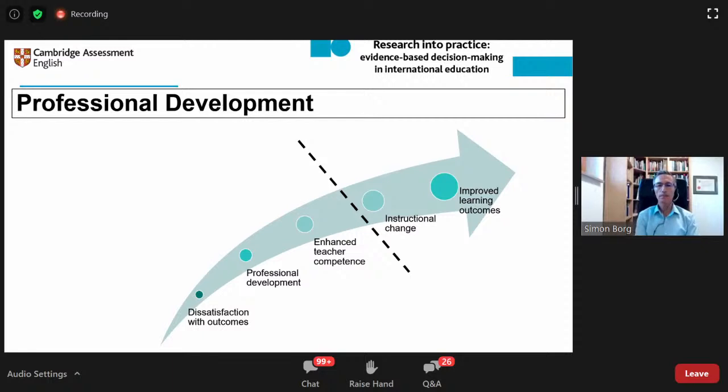However, evidence of those new skills and competences being carried forward into the classroom is very often limited, with the consequence that the desired improvements in learning outcomes don't materialize either. And so a lot of the work I've done is investigating why this happens, and as I said, some of the insights I'll share today will help us understand some of the factors which lead to these kinds of barriers, and some strategies we can use in designing professional development initiatives to overcome them.